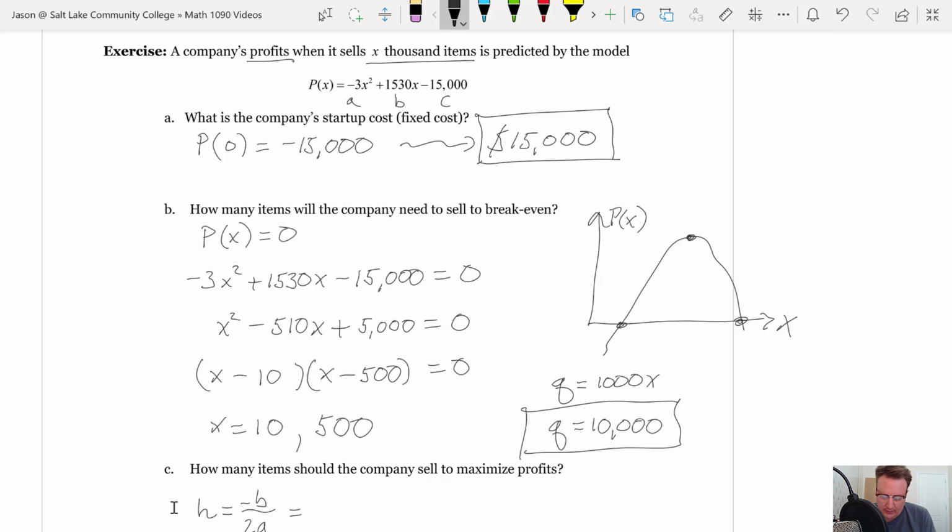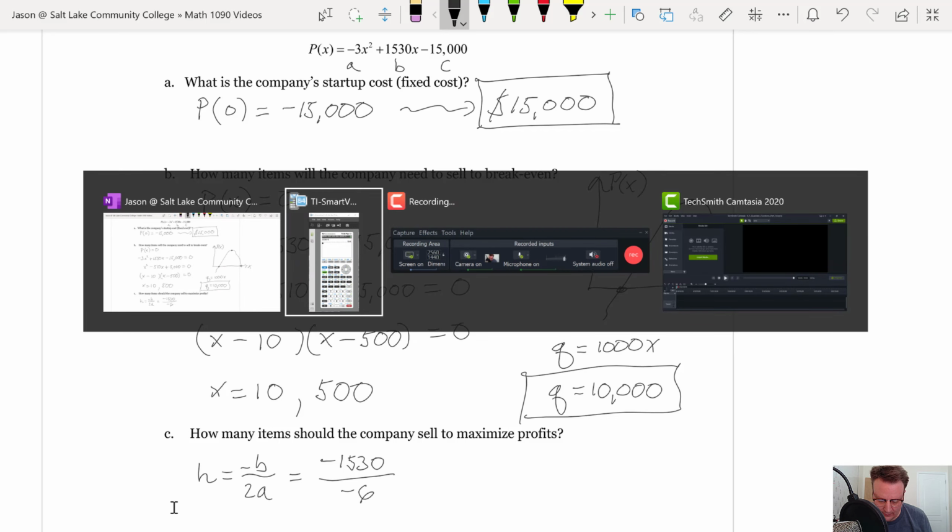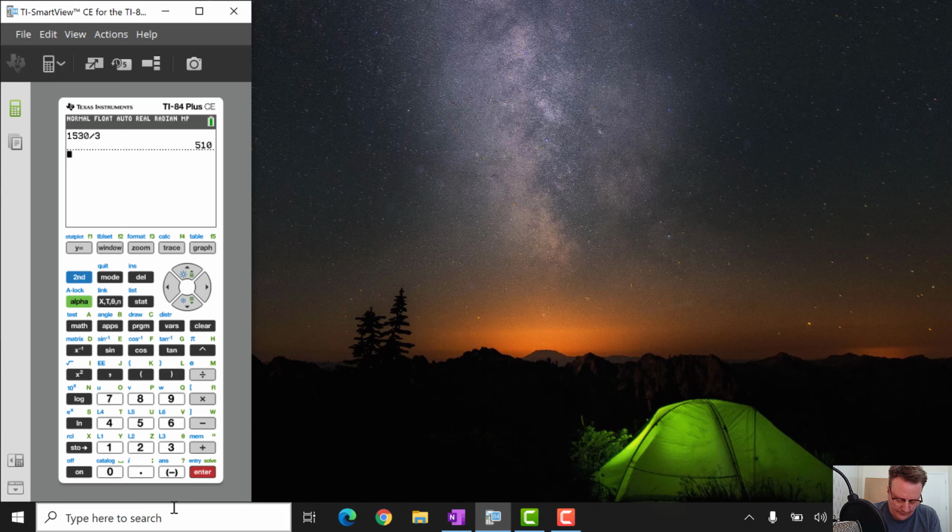So negative b is going to be negative 1530, over 2 times negative 3, which is negative 6. I'll use the calculator for that. 1530 divided by 6 is 255.